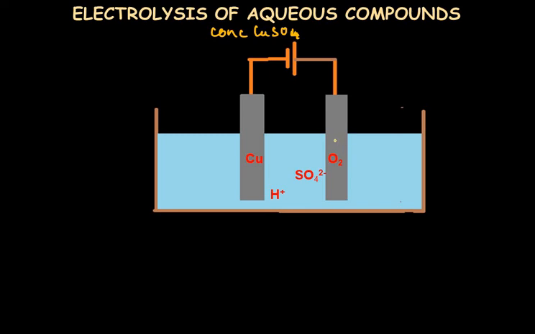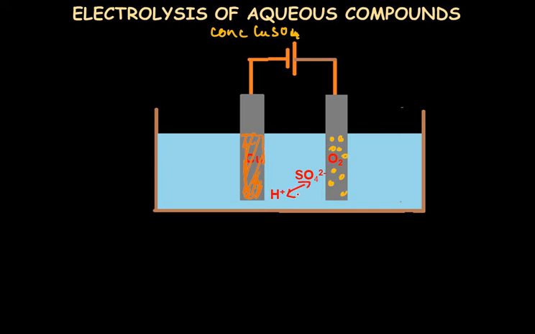And so the observation at the anode will be bubbles of oxygen gas, and at the cathode there will be a red-brown deposit of copper metal. What is left in the electrolyte is hydrogen ion and sulfate ion.